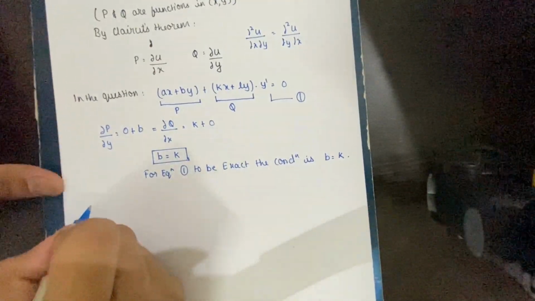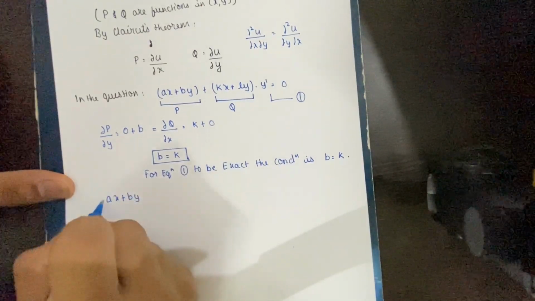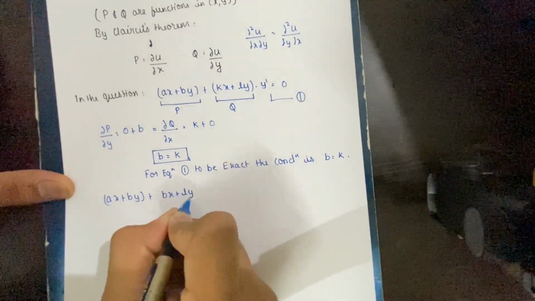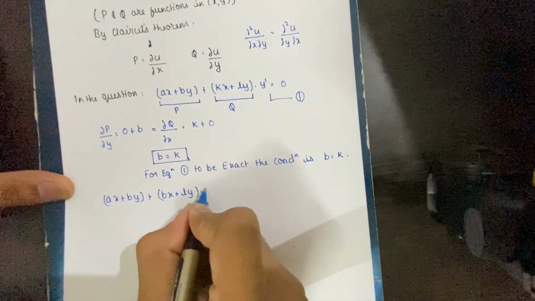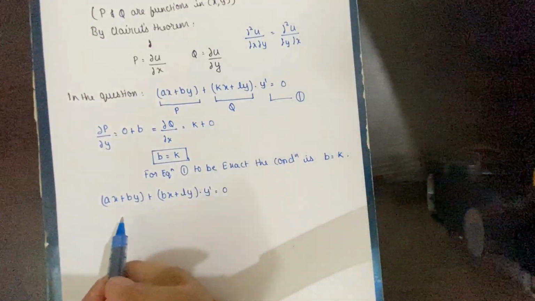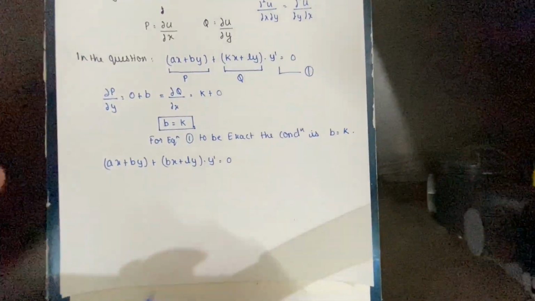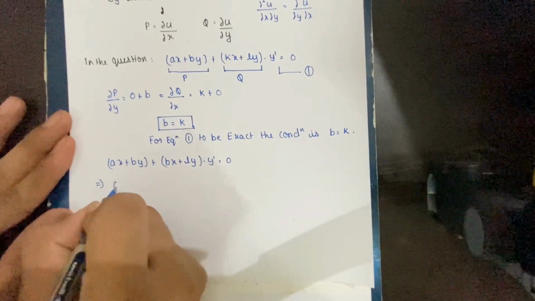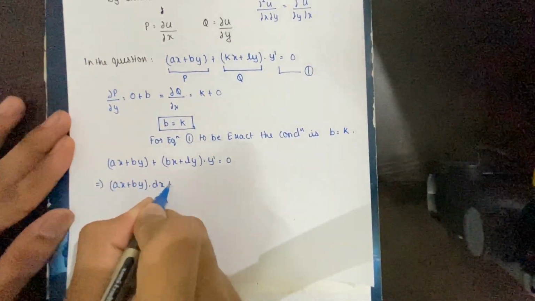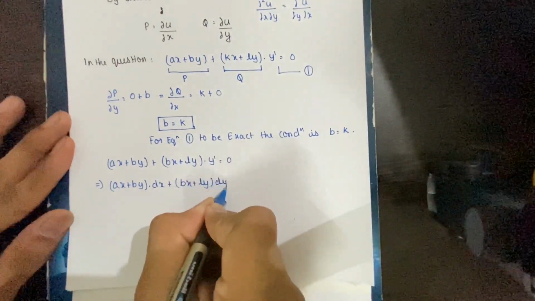Now we have a new differential equation, ax + by plus bx + ly. I replaced the k with b, or I could also have replaced the b with k, but it doesn't matter because it's the same thing. It can also be written as (ax + by) dx + (bx + ly) dy = 0.